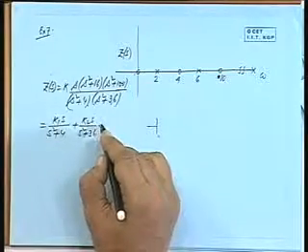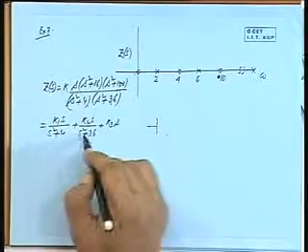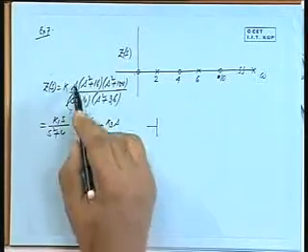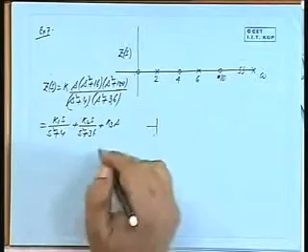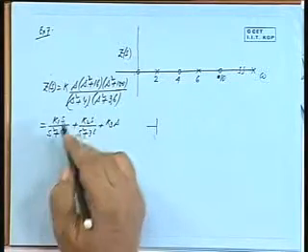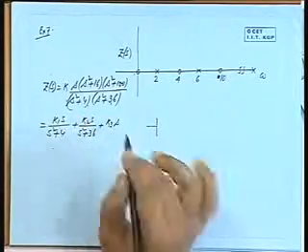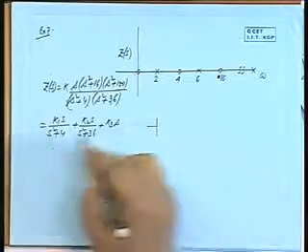Will there be K3S? Yes, because S to the power 5 is there. Will there be K4 by S? No, because there is nothing like S in the denominator. So this is all. So what will the structure be like?